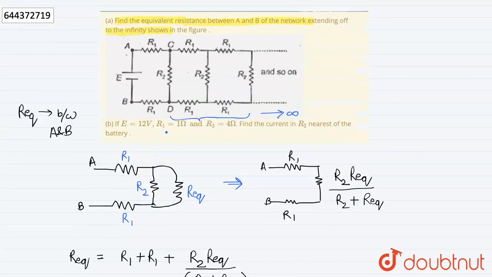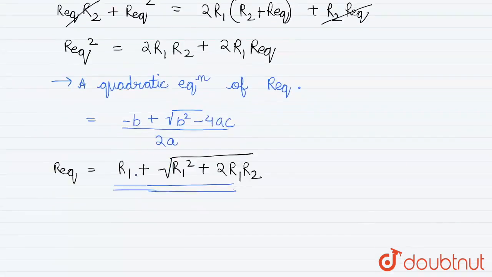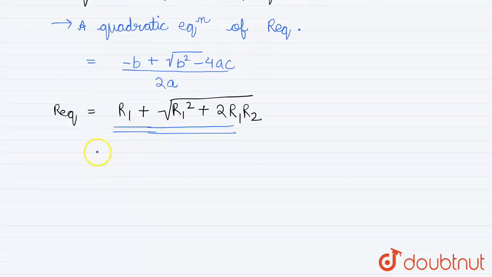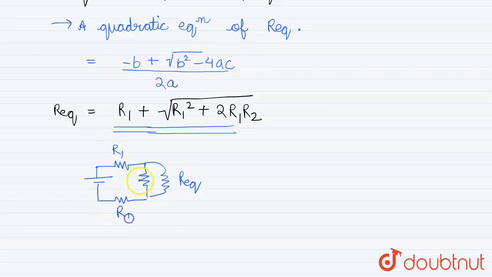And in the question, we have to calculate the current in the nearest R2 if R1 is 1 ohm, R2 is 4 ohms, and E is 12 volts. Okay, so drawing the circuit for this, E is 12 volts, this is R1, this is R2, and here will be R equivalent, and this will be R1, R1, and this is R2, this is 12 volts.